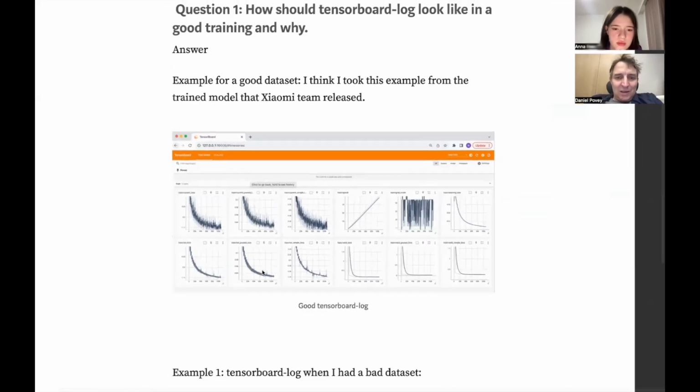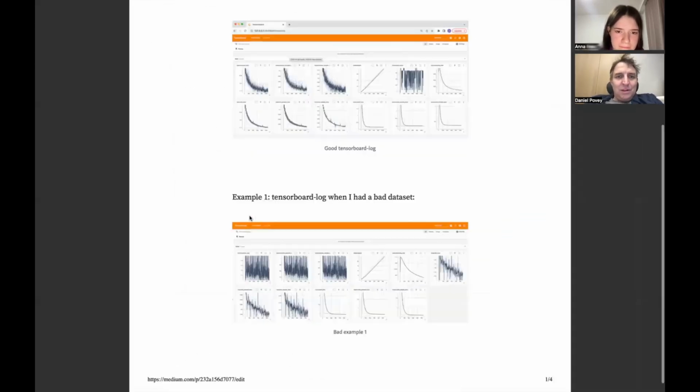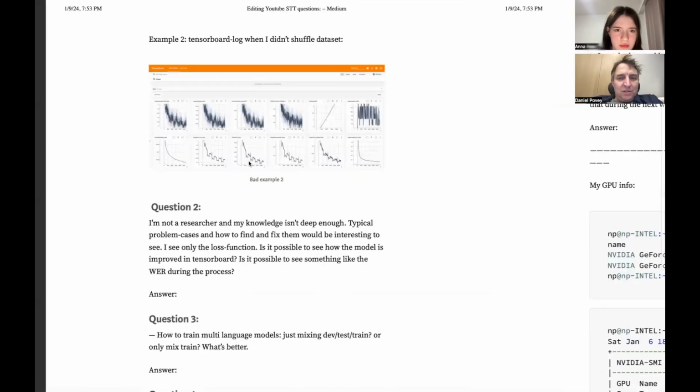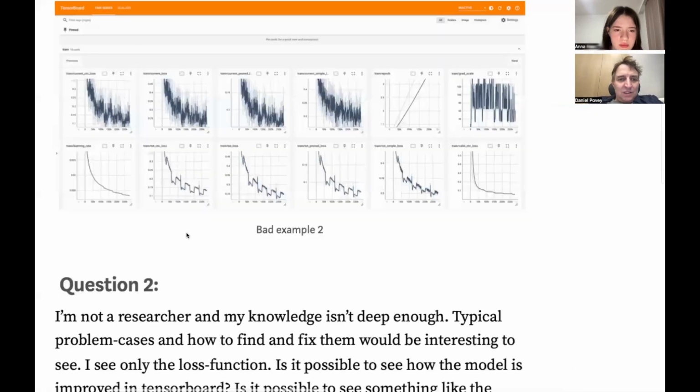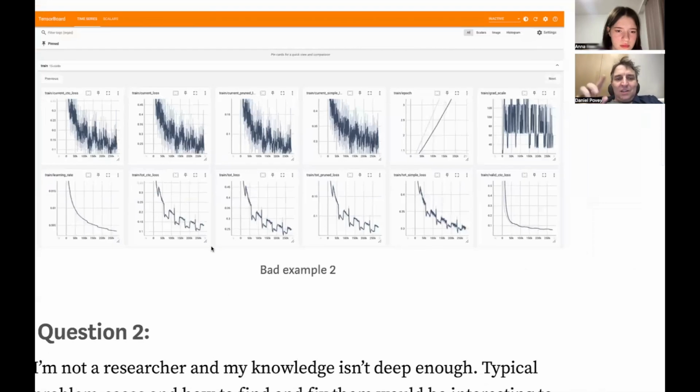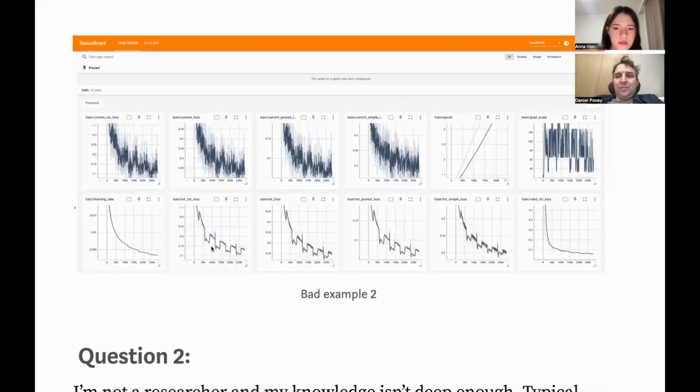But there is something else that we should look into. The second bad example here has a different kind of wiggling. In this tot CTC loss on the bottom, you see it has kind of a square wave. This is because this is a LibriSpeech training, and LibriSpeech has different subsets. It has easier and harder subsets, and basically it's going through them sequentially.